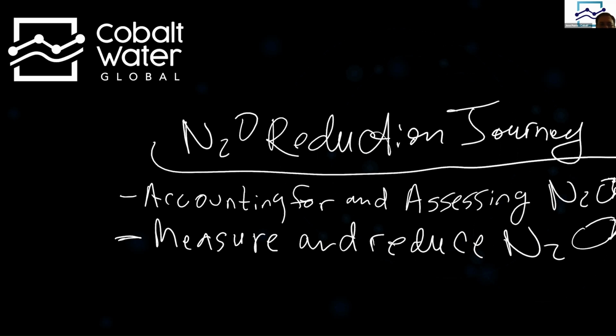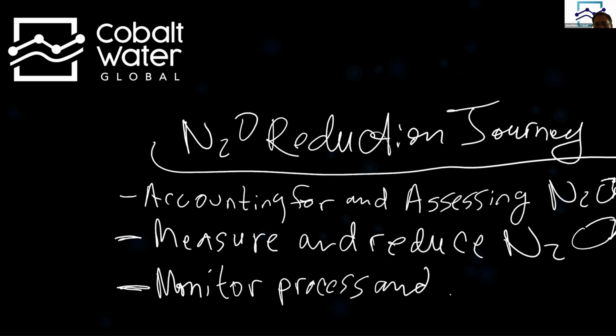Once we've measured and reduced our N2O, the journey doesn't end there. The work continues because we want to keep our N2O emissions down. We have to be monitoring the process and N2O. So if we see N2O emissions going up, we know what to do to bring them back down, because any reductions that we're able to achieve today can easily go away with changes in the process, changes in the loading conditions.